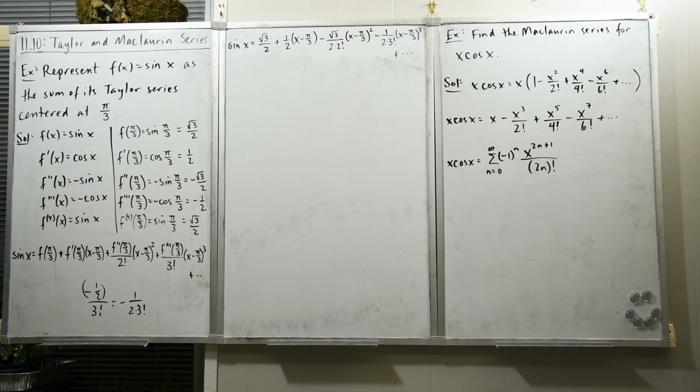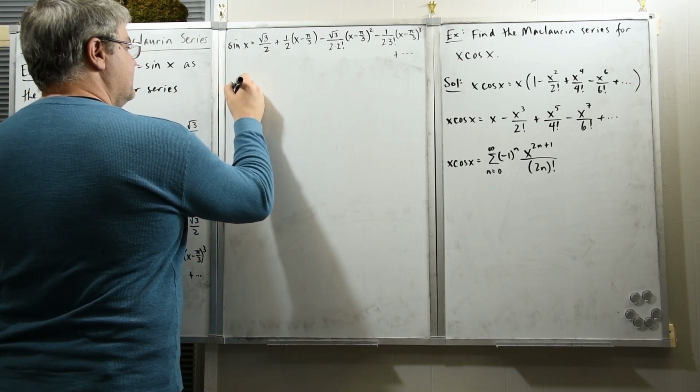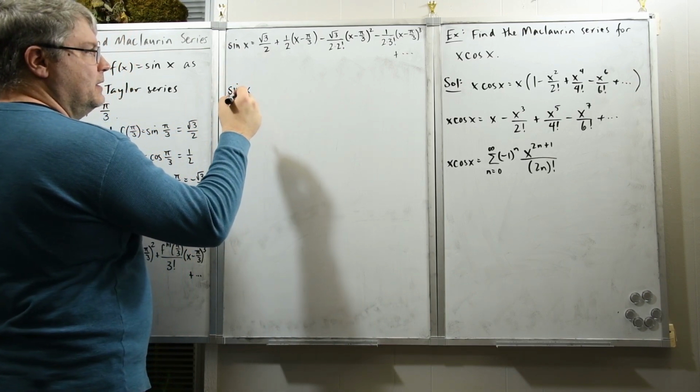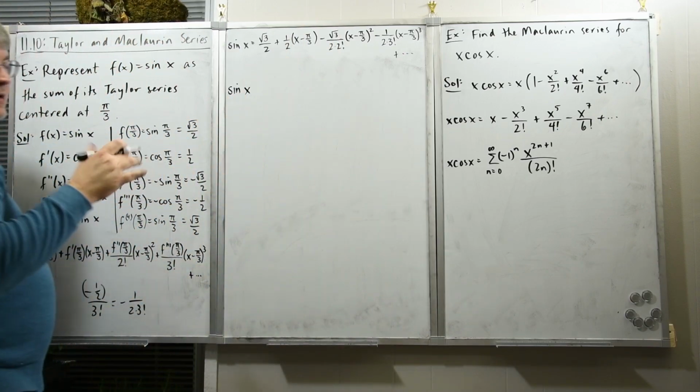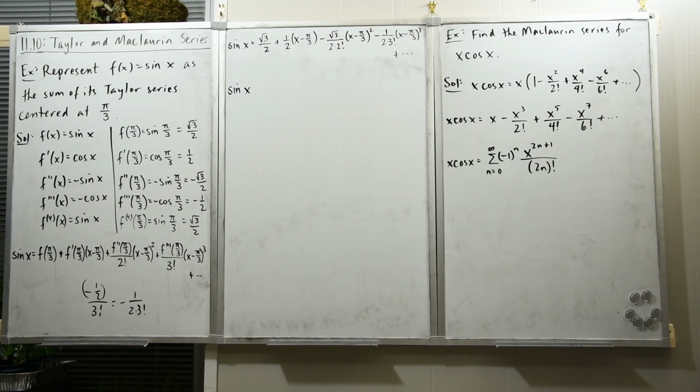And so we could actually write this sine of x as the sum of two different summations. So if you think about that, you've got one summation that's going to handle the even powers of x minus pi over 3, and another summation that handles the odd powers of x minus pi over 3.